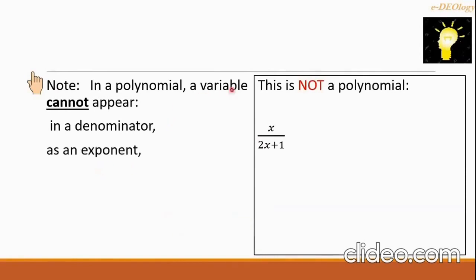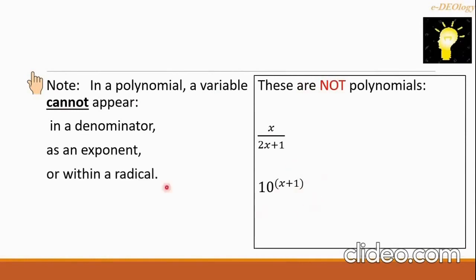A variable cannot appear as an exponent. So this is another example, 10 raised to x plus 1. In the exponent there is a variable x. So this is not a polynomial. Another case, a variable cannot appear within a radical, or we can say as a radicand.